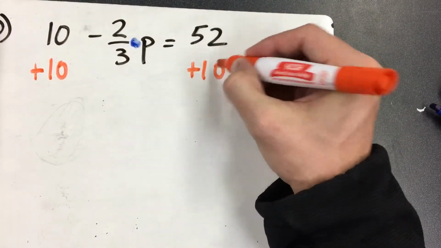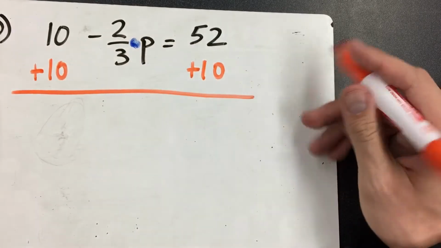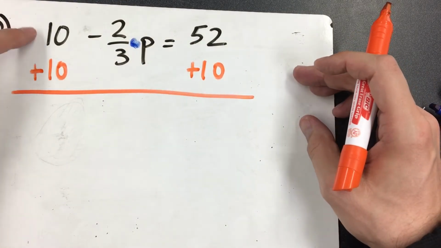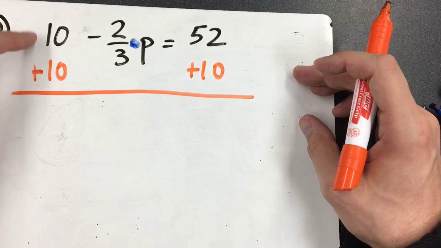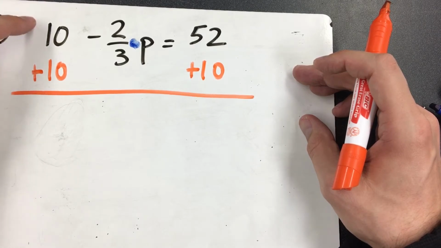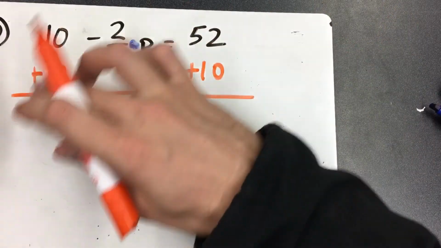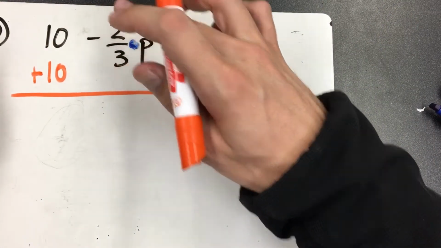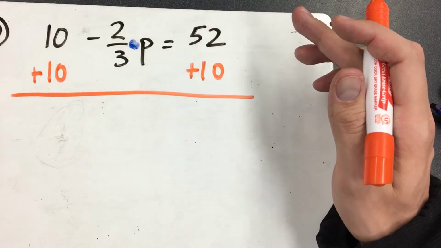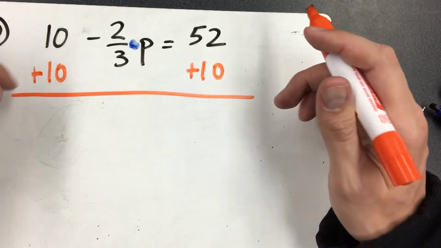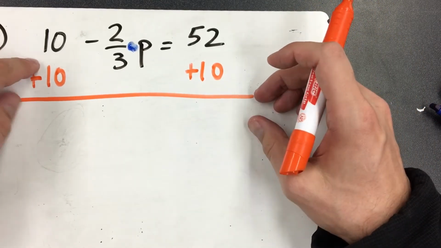Now, I want to hold up real fast because hold your horses. Wait a second. Does this equal 0? It does not. Look what this equals. 10 plus 10 equals 20. Can I cross this out like I've been doing on all the other questions if it equals 20? No, I can't. The only reason I get to cross it out is because it equals 0.